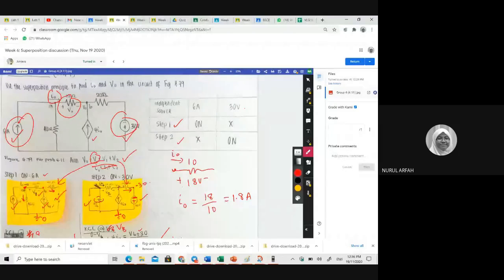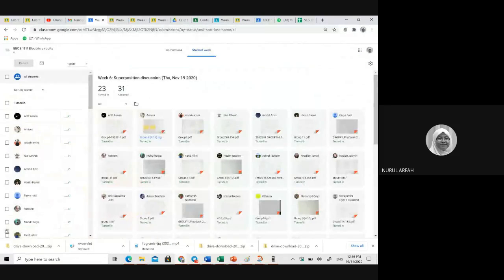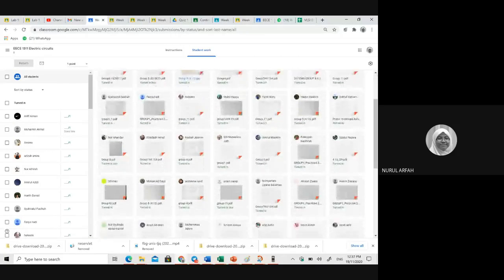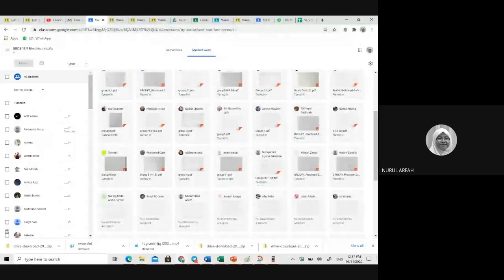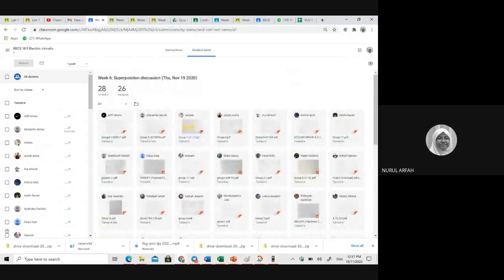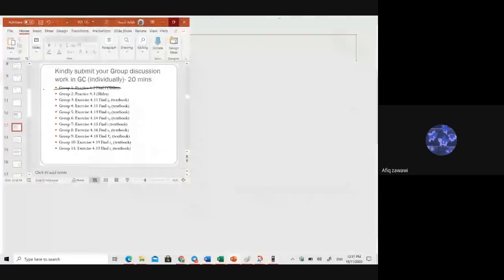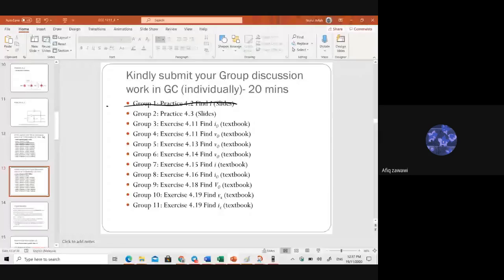Okay, let's look at our group number 3 answer. Where's group number 3? Not coming yet. Okay, we reserve that answer here. Madam, I already submitted, I did I naught and V naught together. Wow. What was I naught equal to? 1.8 ampere.